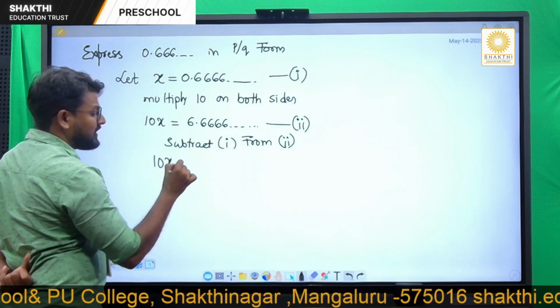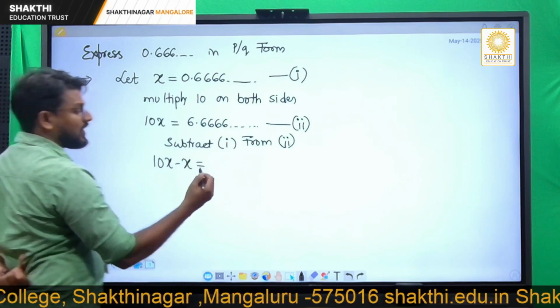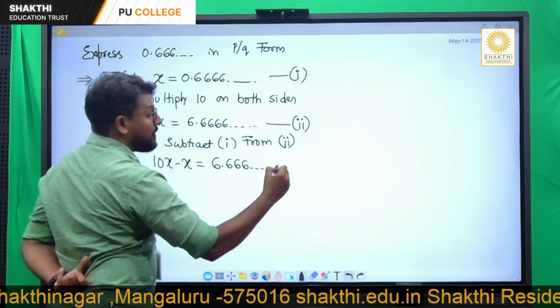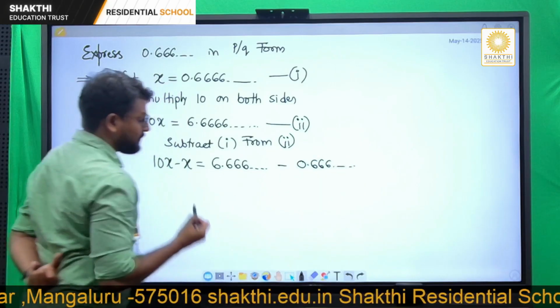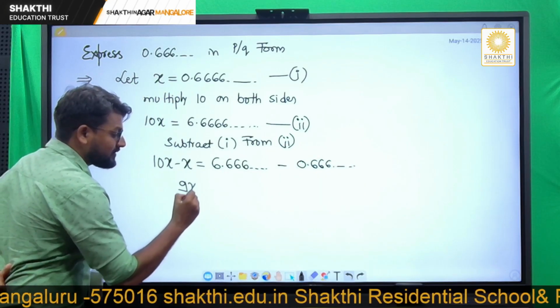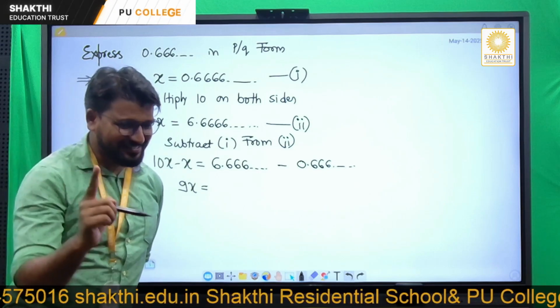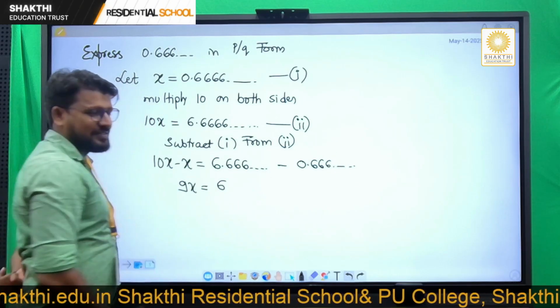10x minus x is equal to, I subtracted these two. Now I'll subtract the RHS part, which is 6.6666 and so on minus 0.6666 and so on. So now this is 9x is equal to, you know subtraction, right? If you subtract, the decimal part will go and you'll be left with just 6.